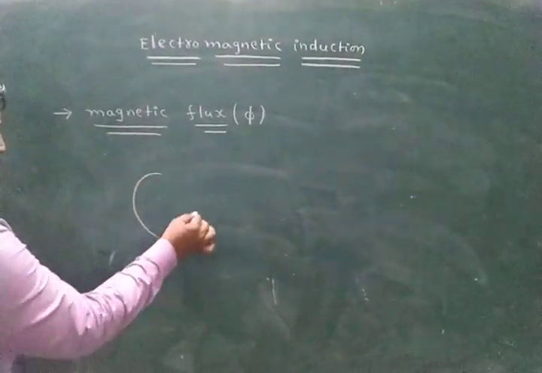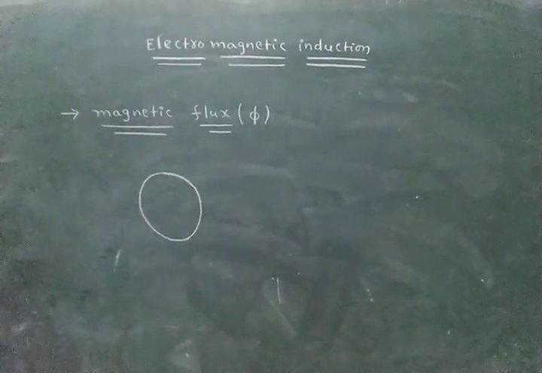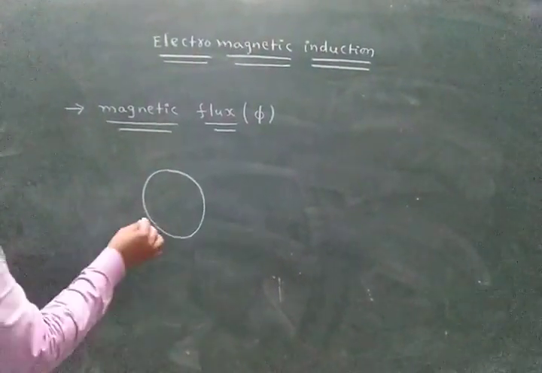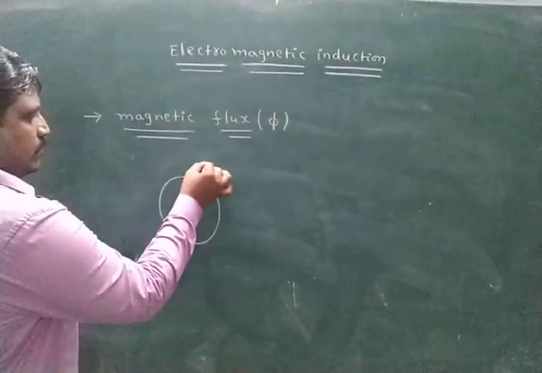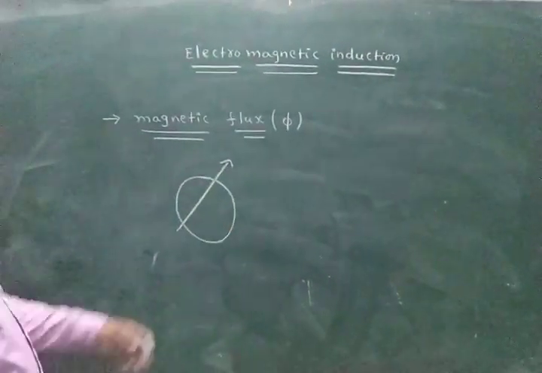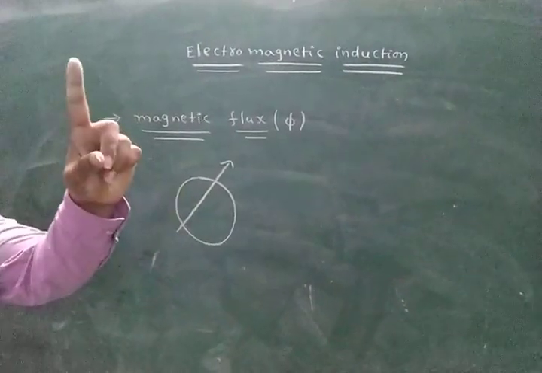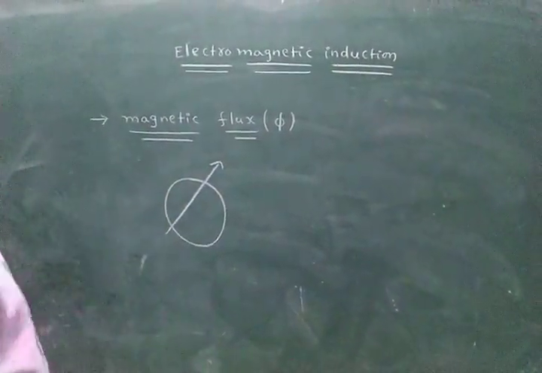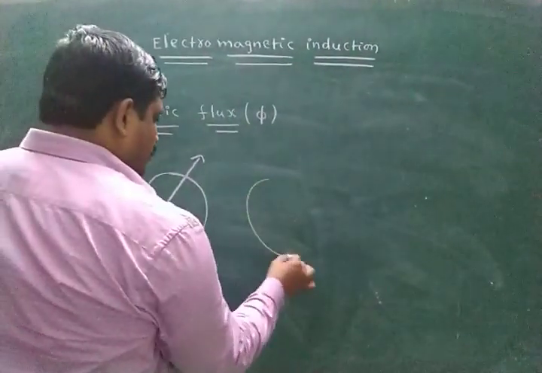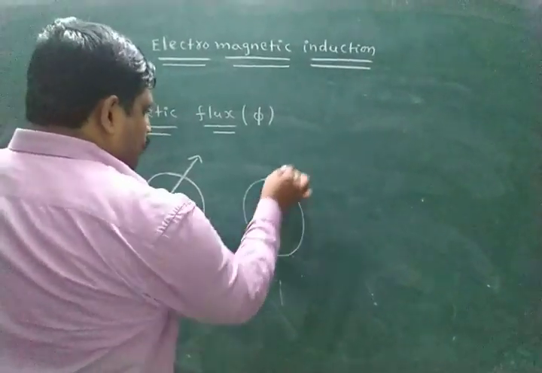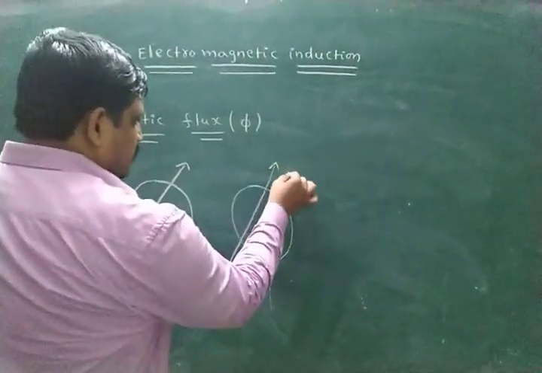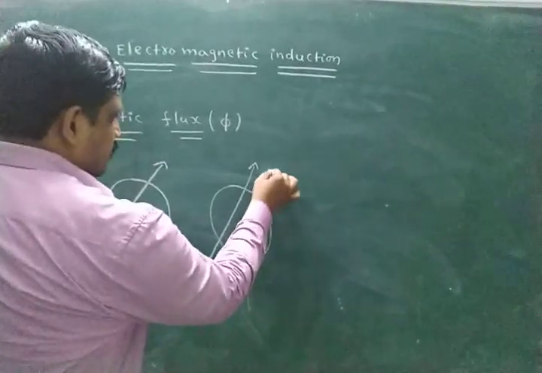This is the closed coil. In the closed coil, these are magnetic lines. Here, how many lines are passing according to the diagram? One line. Flux is one. Here, how many lines are passing?